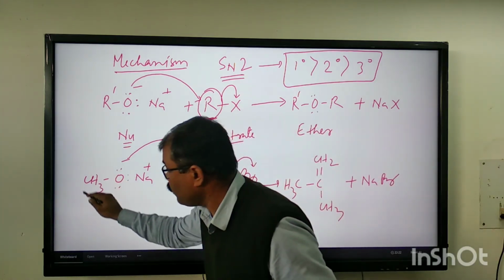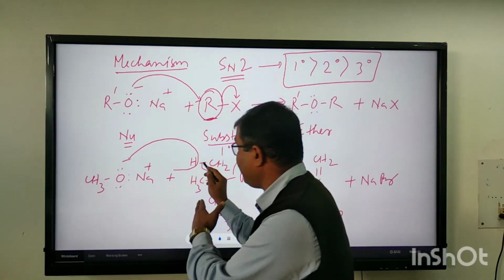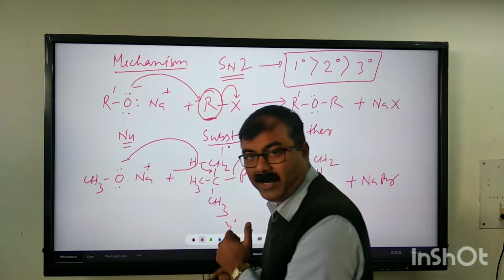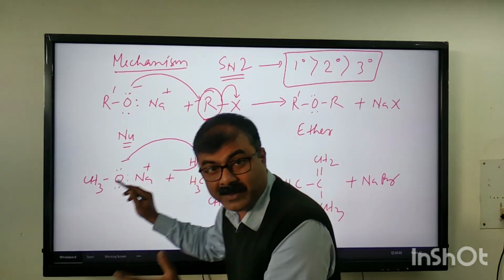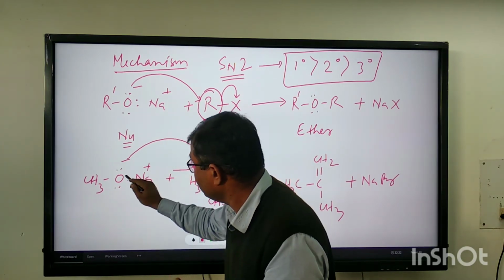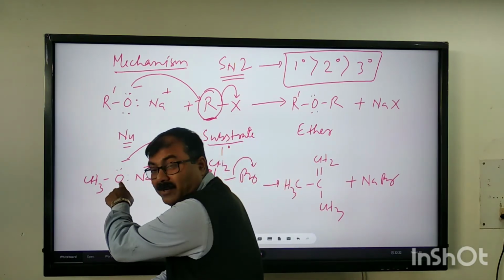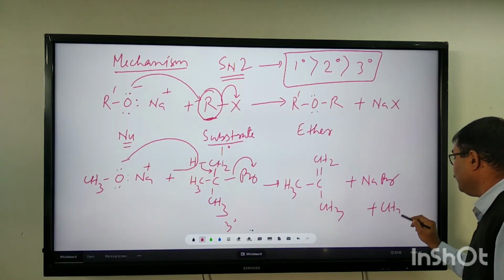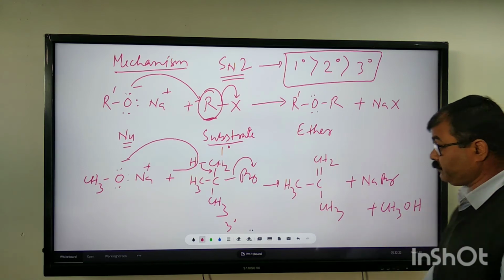Now since the methoxide group will abstract a proton, when this electron pair comes here to form a double bond, this will leave as a proton. So H plus will come and join with oxygen. Then what will form as another product? That is CH3OH.